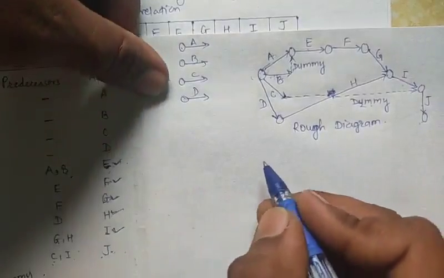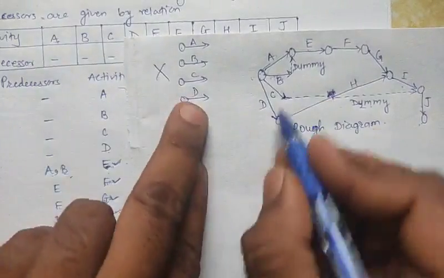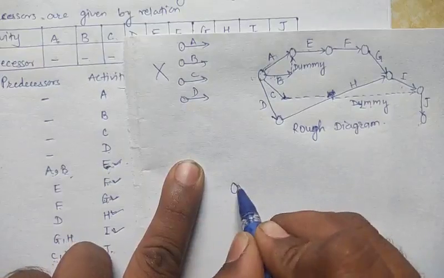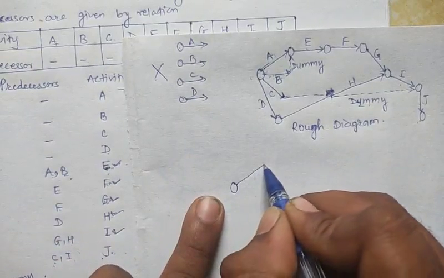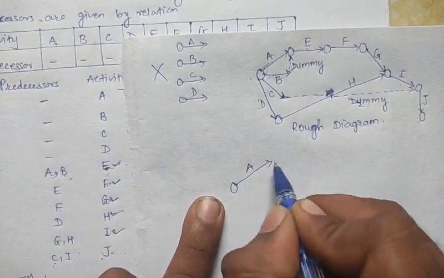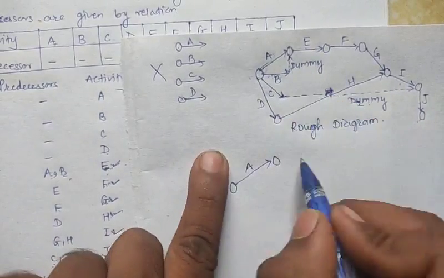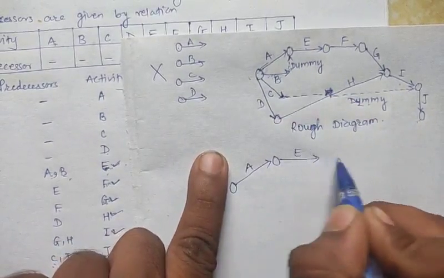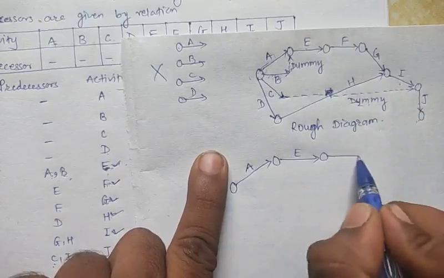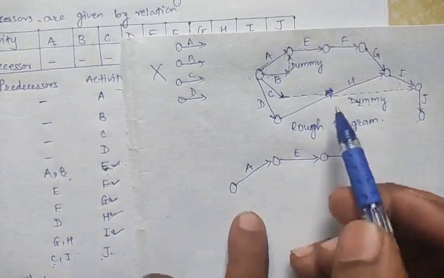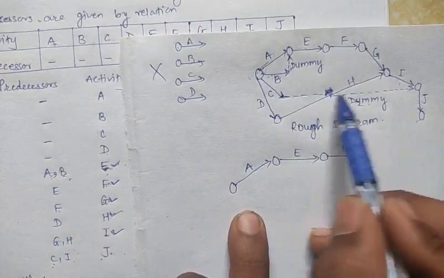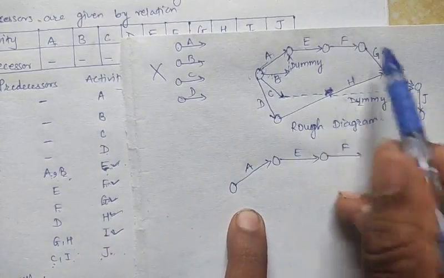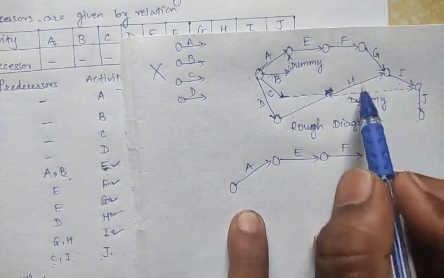Now its final diagram will be, so here this is the activity. Suppose this is activity A. Next A goes to what? E. Next E goes to F. Now we want to remove this dummy activity and make this diagram as suitable as possible.